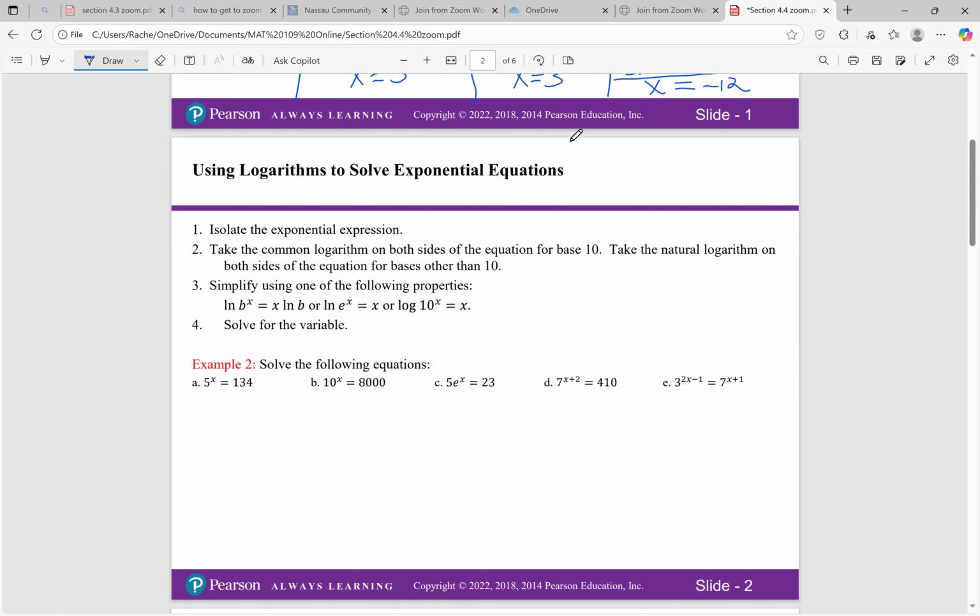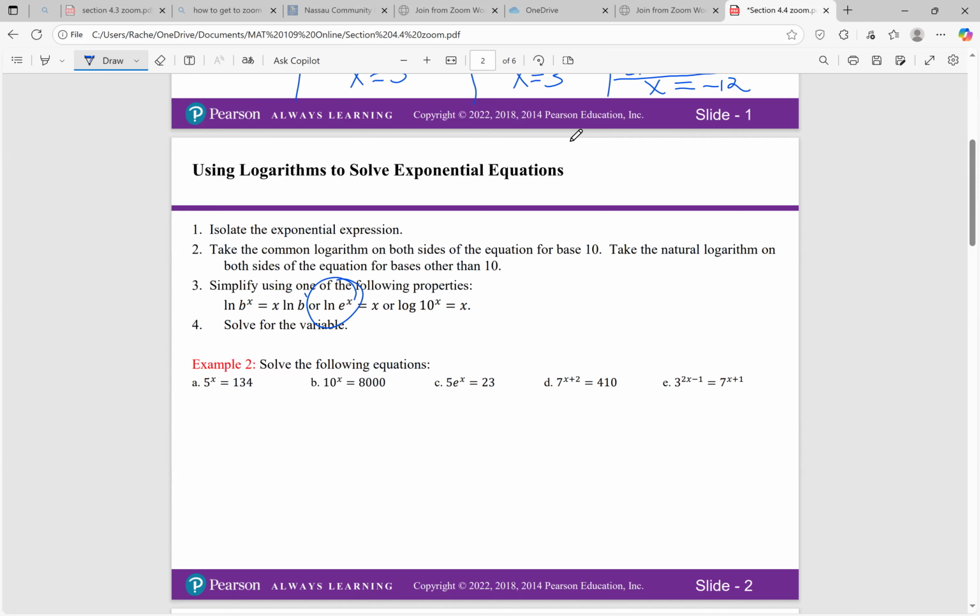So the natural log of b to the x, if I use my power rule, remember, is x times the natural log of b. Or if I have the natural log of e to the x, I could use my power rule and write that as x times the natural log of e, which is just going to be equal to 1.